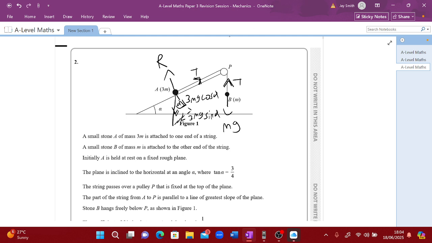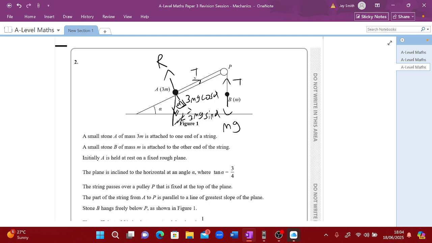So if the tensions face each other, they cancel each other out, and the pulley's fixed where it is. If that makes any sense, rather than the tension being passed through the pulley and then down the slope. That's the theory there, at least how I remember it anyway. I don't know how correct that is. But the tension will act in that sort of way.